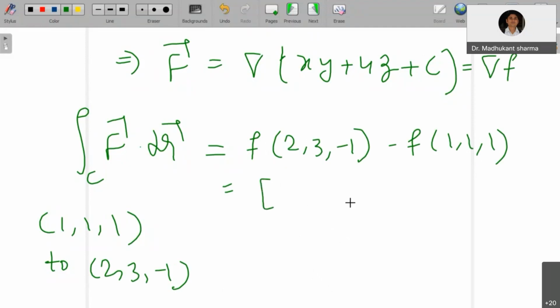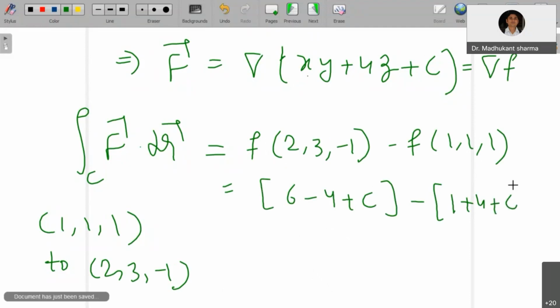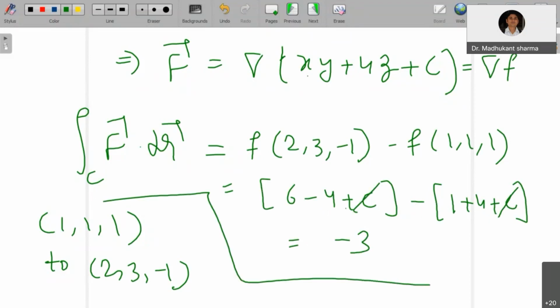Now this is equal to 2 into 3 is 6, minus 4, plus c, minus 1, plus 4, plus c. So the c will get cancelled, okay? So 2 minus 5 is minus 3. So this is the value.